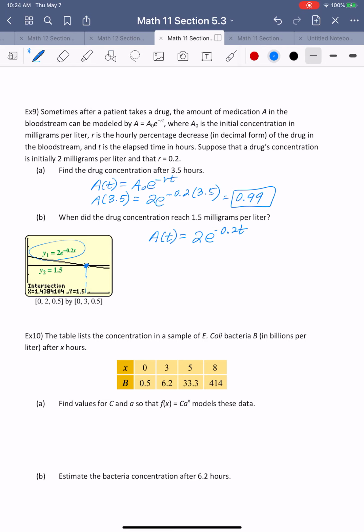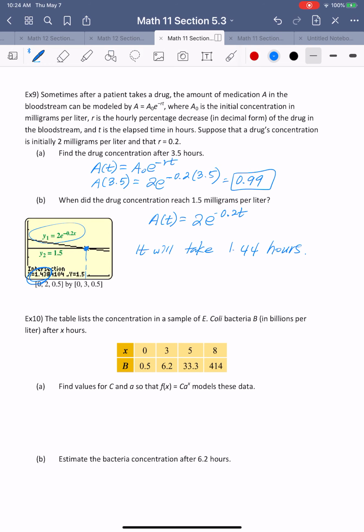So you can use a calculator, that's easy. It will take about 1.44 hours.